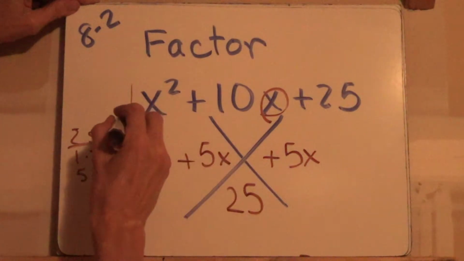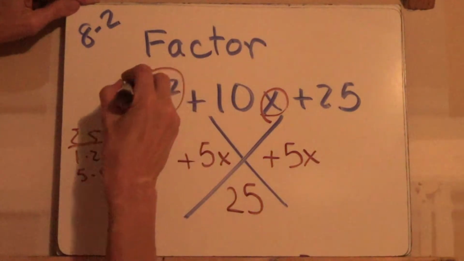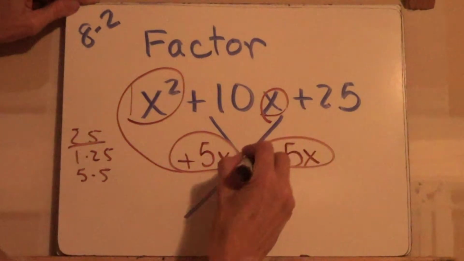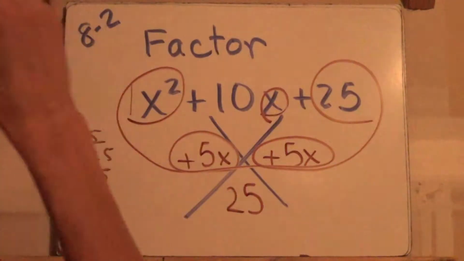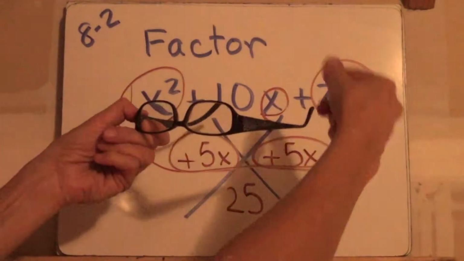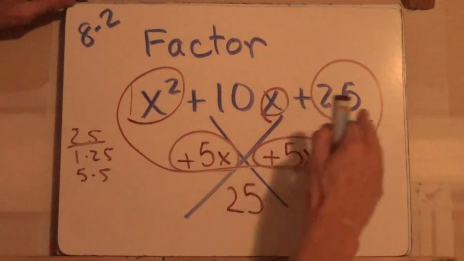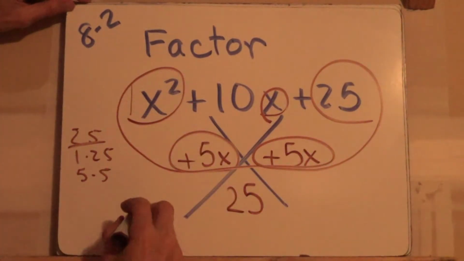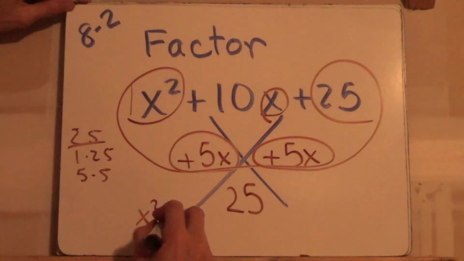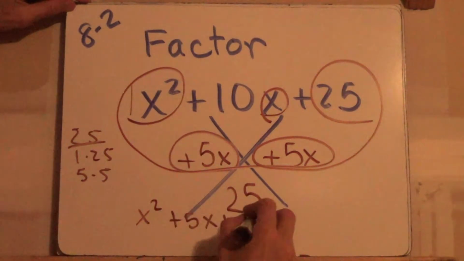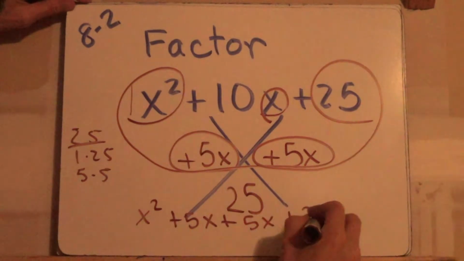And now we do old man glasses. Looks like old man glasses laid down on a desk, if they had the loop-de-loop earpiece, okay? That's what students have called that move there, to circle all 4 terms. Now you write those 4 terms in order: x squared plus 5x plus 5x plus 25.